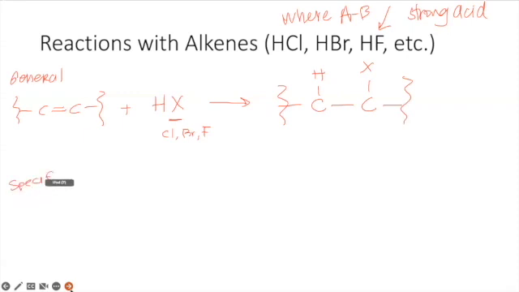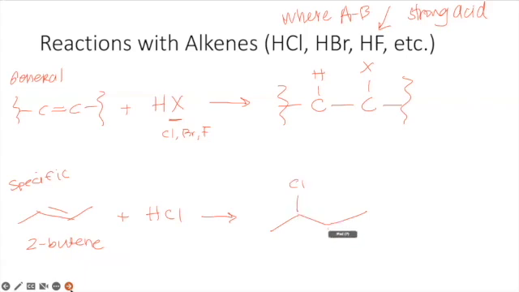So if we were to get more specific, we're going to start with 2-butene again. It's a good example. This time, let's say we add HCl. So we're going to add hydrogen to one and chlorine to the other. So I'm not going to draw the hydrogen because we know that we have implied hydrogen, so it doesn't really matter.